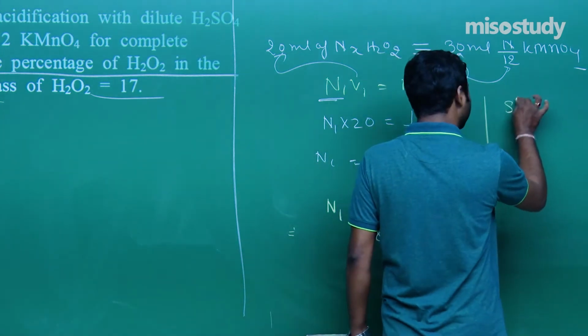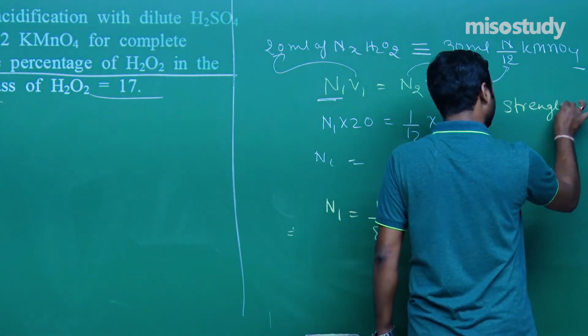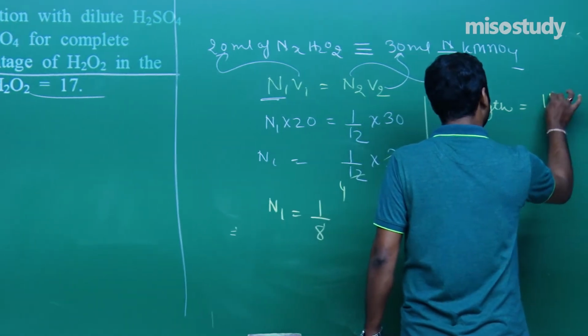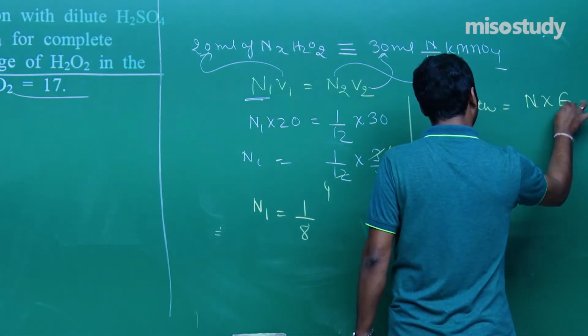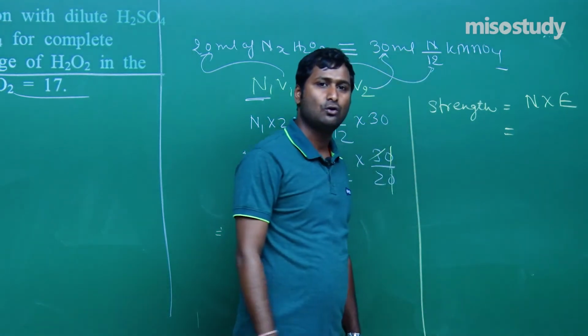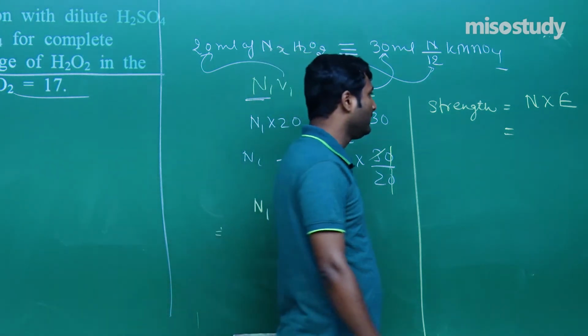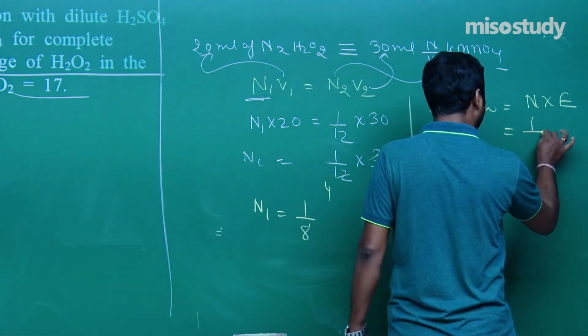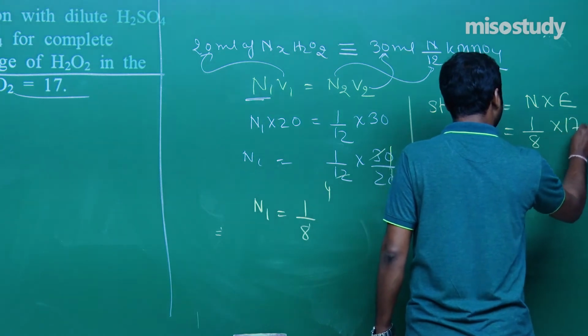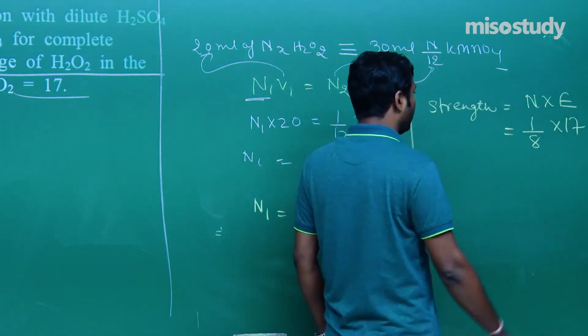Now, what is strength? As we know, strength is equal to normality into equivalent mass. As we know, in case of H2O2, the equivalent mass is 17. Normality is 1 by 8 into 17. Clear? What I am telling?